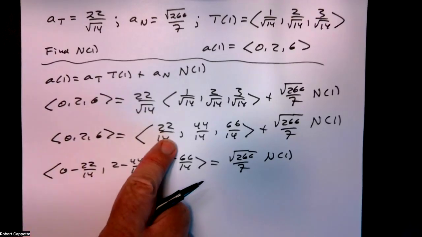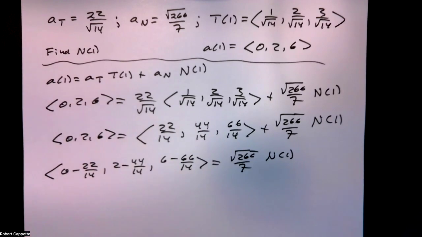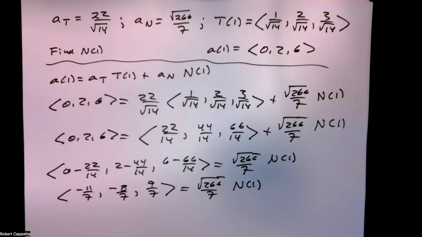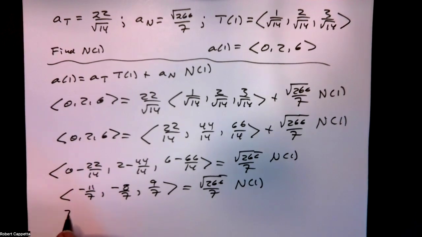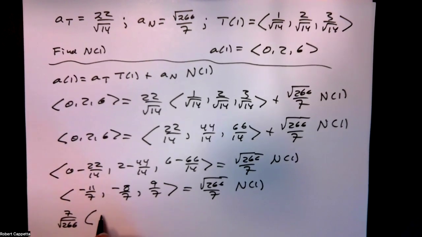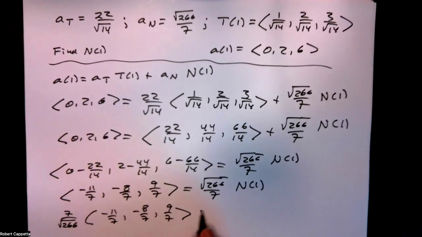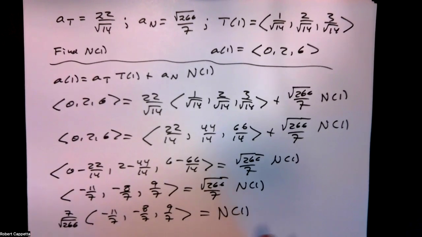So 0 minus 22 over 14, 2 minus 44 over 14, 6 minus 66 over 14. Simplify those fractions. What do we get? So it brings us here, which we can see we're just about finished now. Multiplying both sides by 7 over root 266 times negative 11 sevenths, negative 8 sevenths, 9 sevenths is going to equal N of 1.